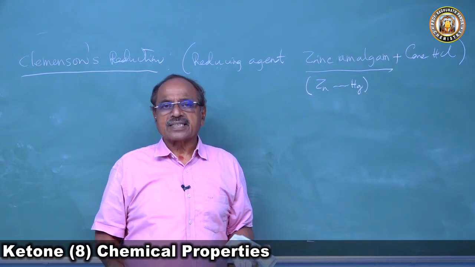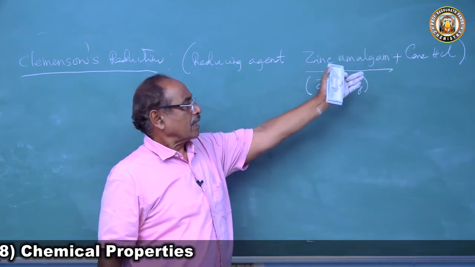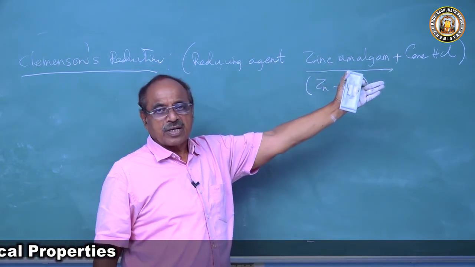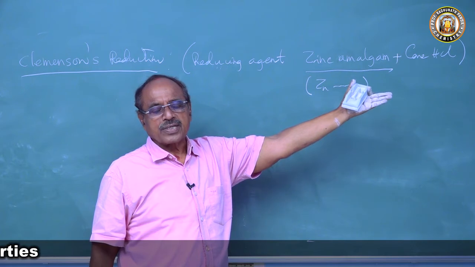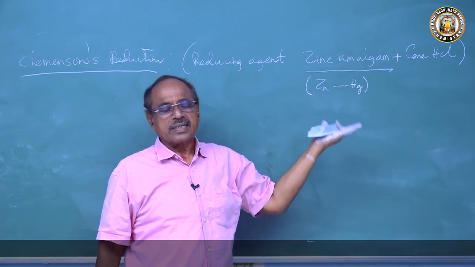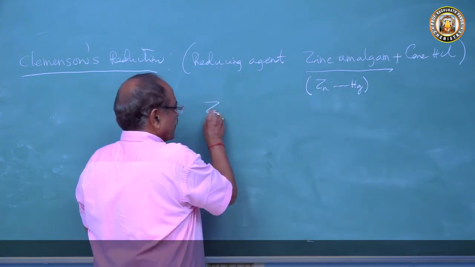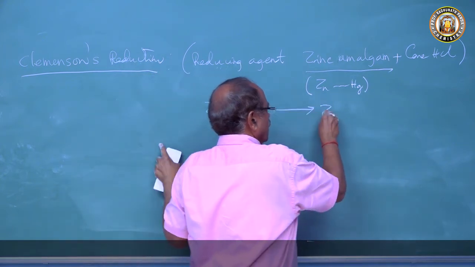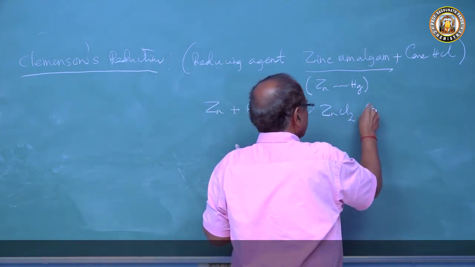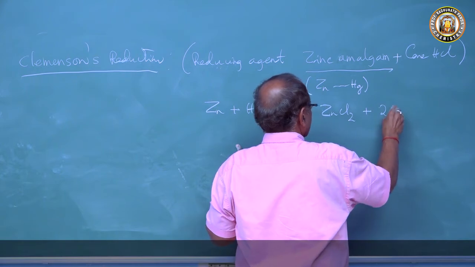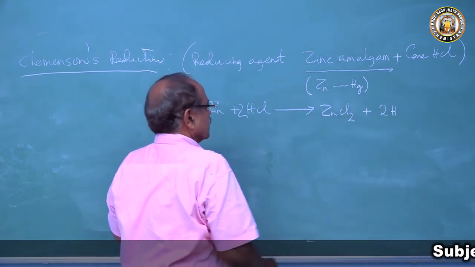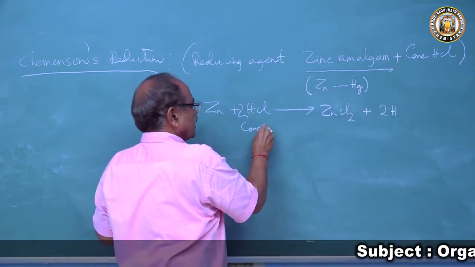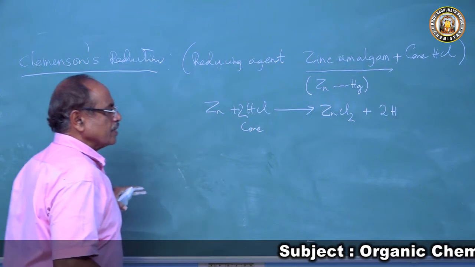Hence, zinc is protected, and when it comes in contact with HCl, it produces nascent hydrogen. This zinc reacts with HCl to produce zinc chloride and nascent hydrogen. So this is the reaction. We take concentrated HCl so that a continuous supply of hydrogen is obtained.